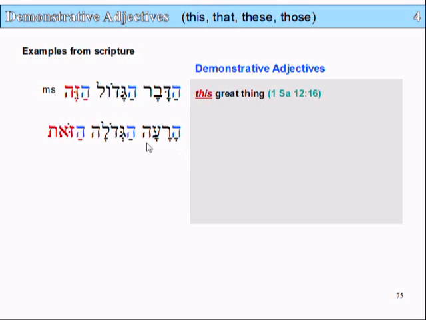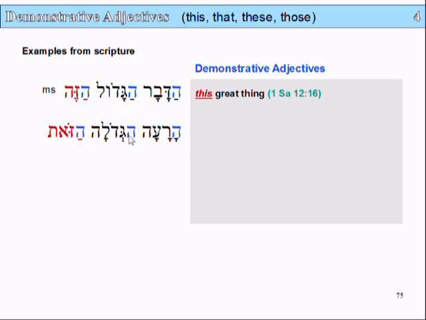Ha-ra'ah hagadalah hazot. Now ra'ah is evil, and the word ra'ah is a feminine noun. So this is a feminine version of the word gadol, a feminine singular.